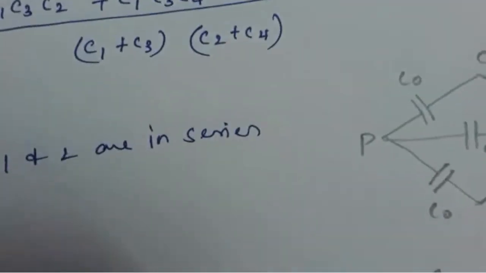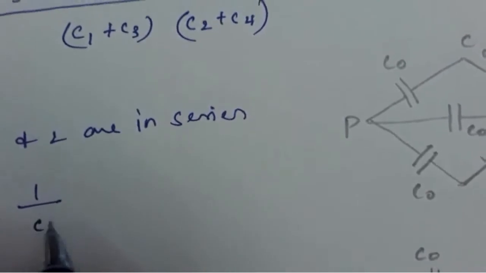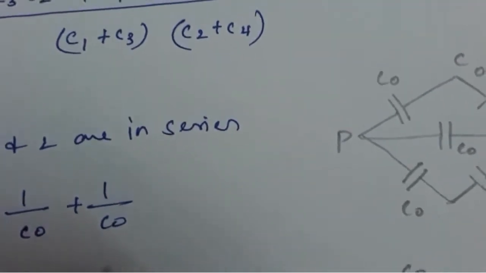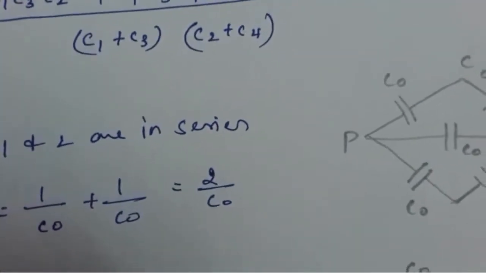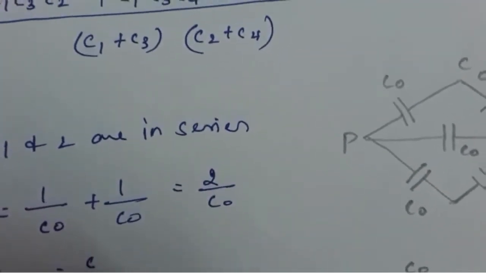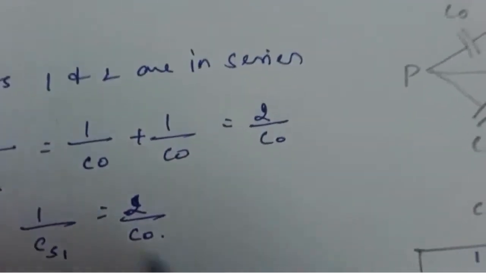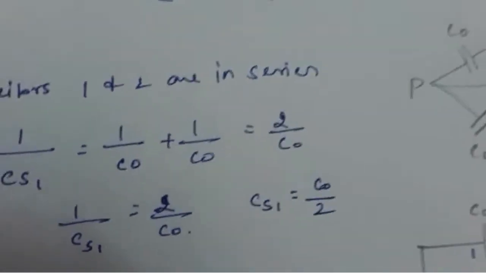So 1 by CS1 is equal to 1 by C0 plus 1 by C0. That is how much? 2 by C0. So 1 by CS1 is equal to 2 by C0. So what is CS1? CS1 is equal to C0 by 2.